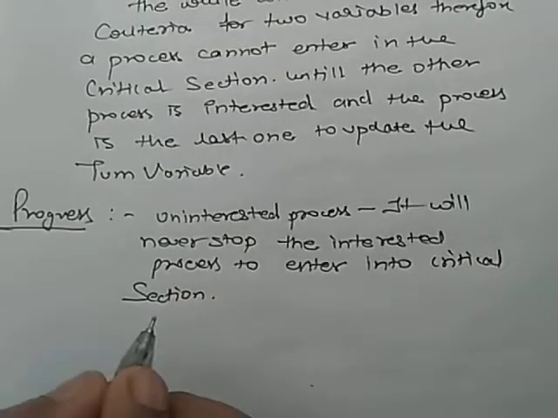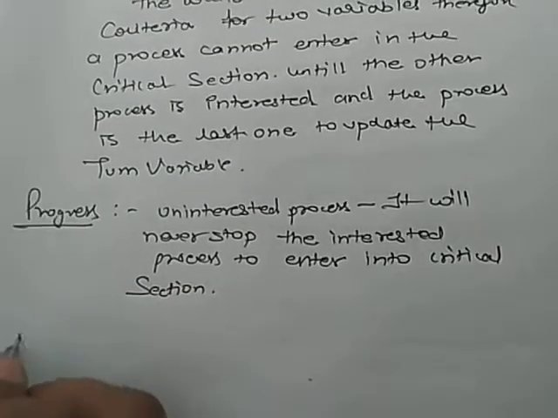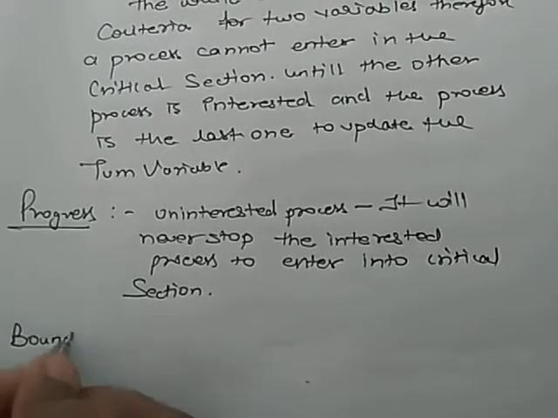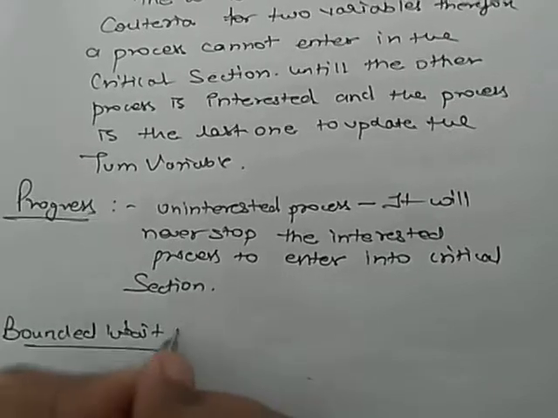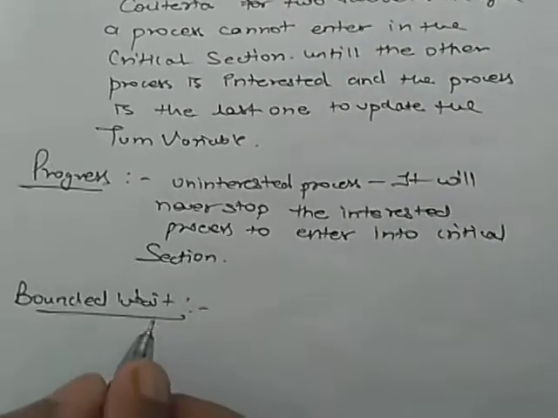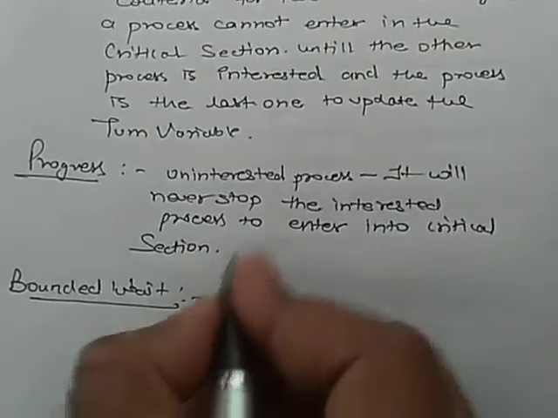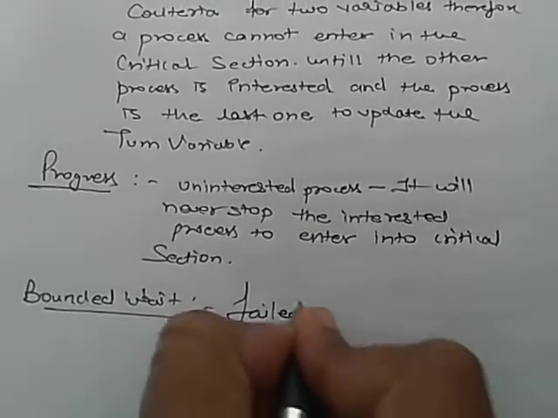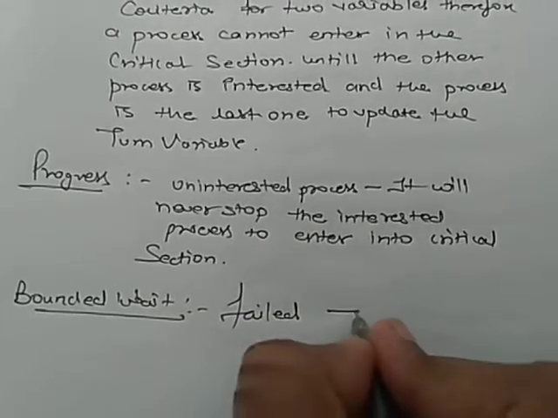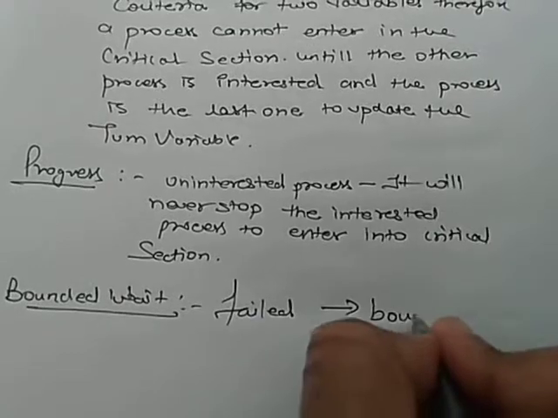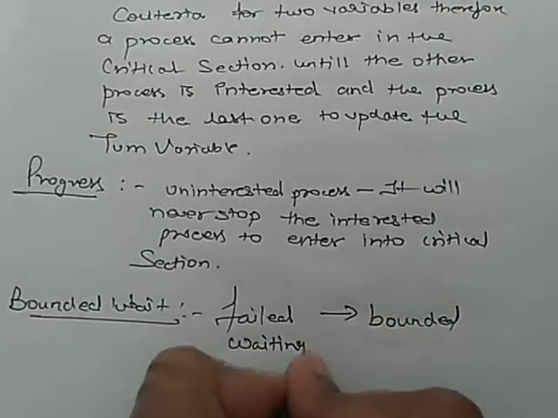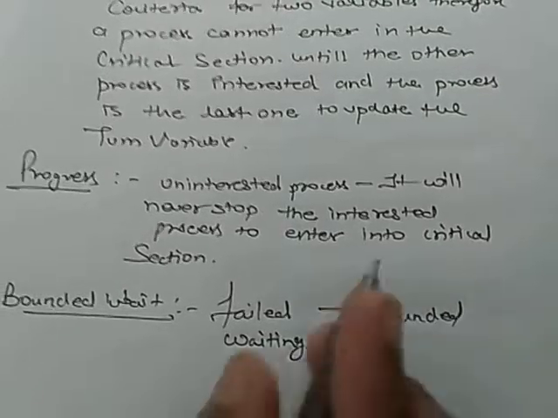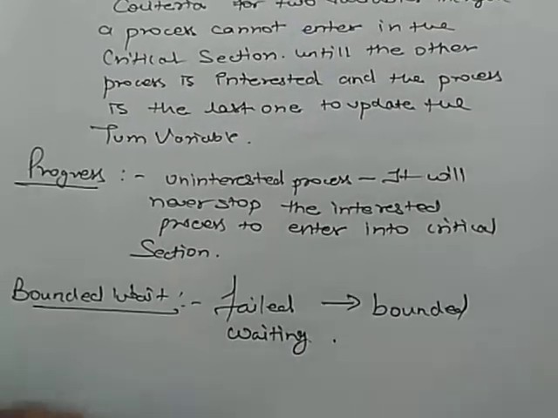So the process is progressing. Now the bounded wait. The interested variable mechanism failed because it was not providing bounded waiting. So in the Peterson solution, a deadlock can never happen.